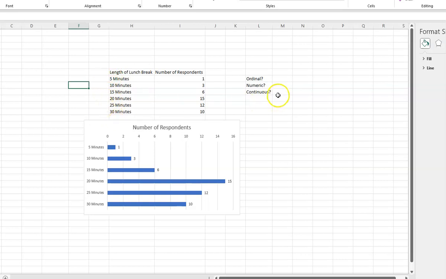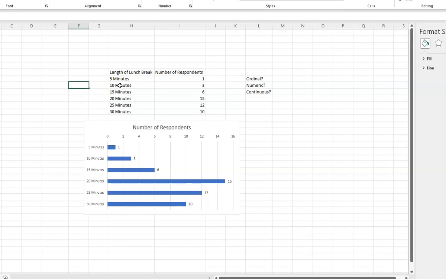The next question we're going to ask about our categories is, are they numeric? These look numeric, 5 minutes, 10 minutes, 15 minutes. But the big test is, if you took two 10-minute lunch breaks and put them side by side, that equals a 20-minute lunch break. That's logical.